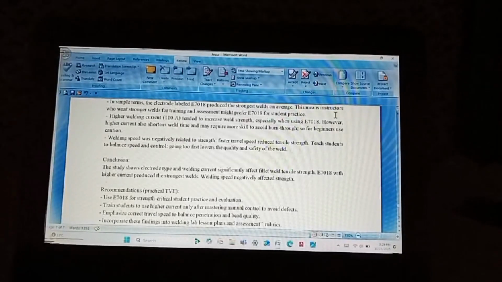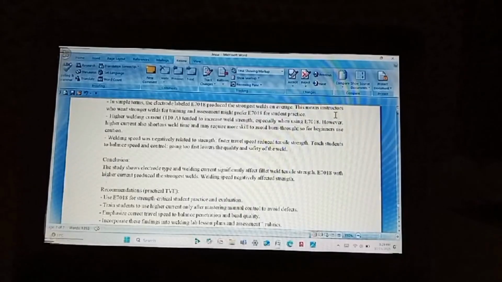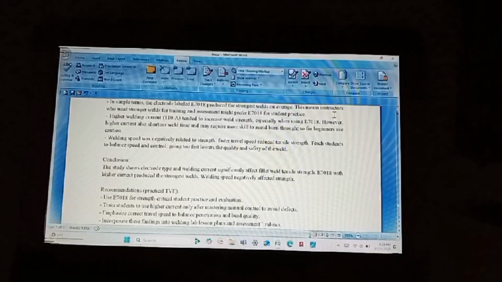Session 5. Conclusion and insight. From our results, we learned that the E7018 electrode consistently produced the highest weld strength across all designs. Current and speed are key factors. Higher current gives stronger welds while faster travel speed weakens them.